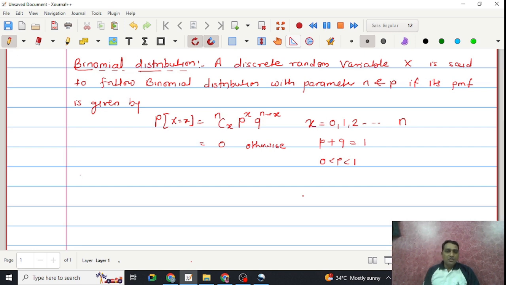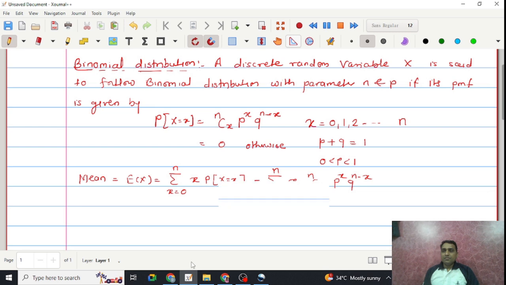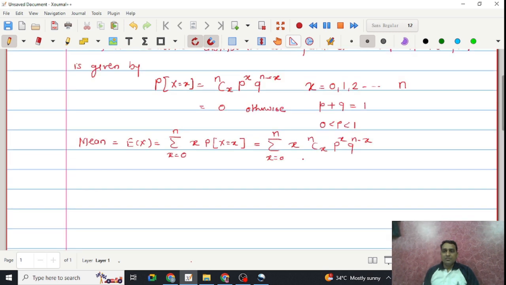Then to find the mean of the binomial distribution, the mean is denoted by the expectation of X, which equals the summation over x from 0 to n of x into P(X = x). The PMF is nCx p^x q^(n-x).